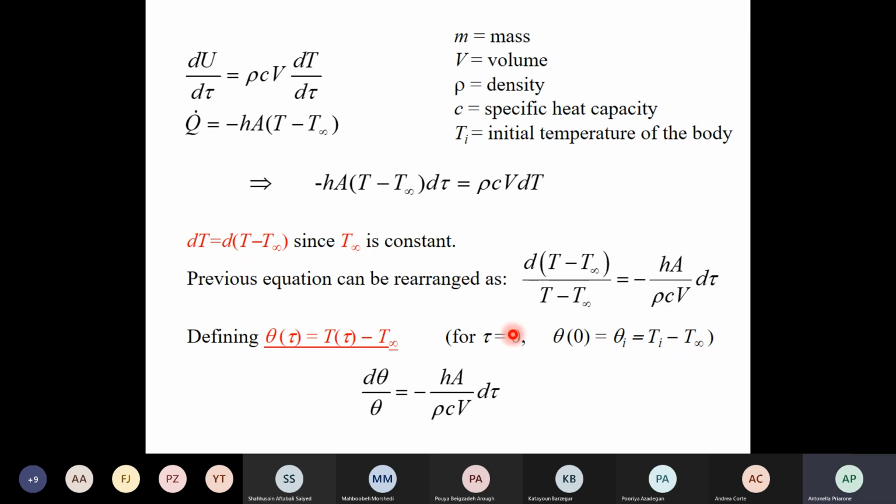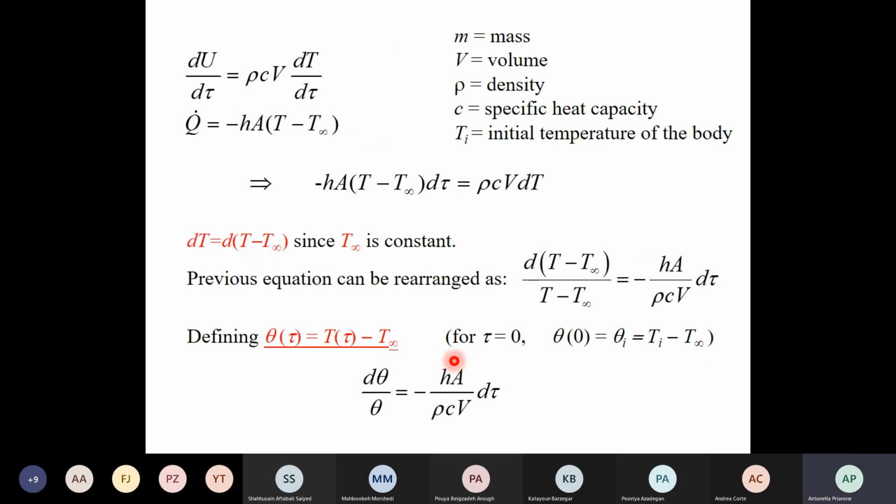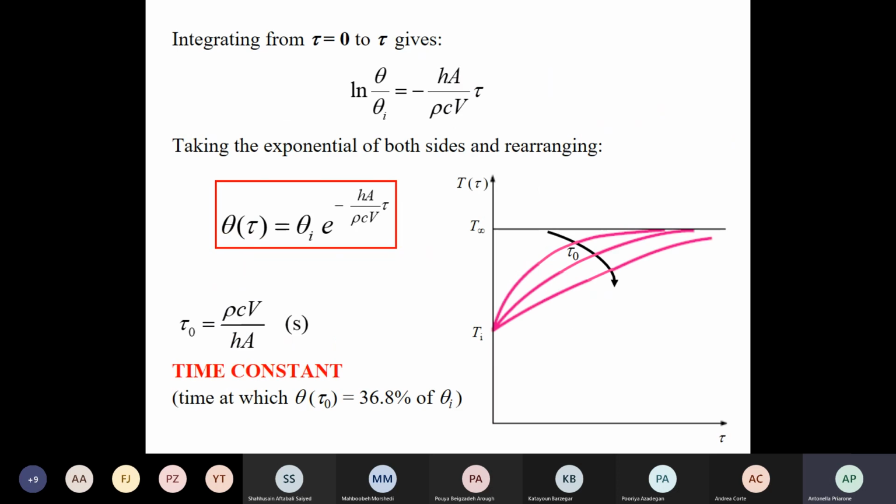By using this initial condition, I can integrate this equation from 0 to a generic instant tau, and I obtain the solution. This one is directly the solution of our problem.